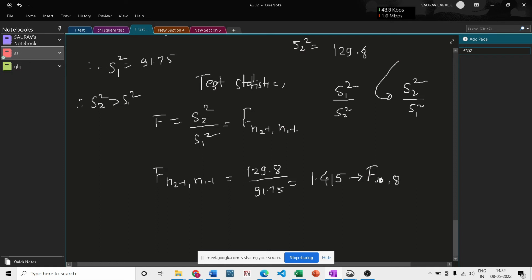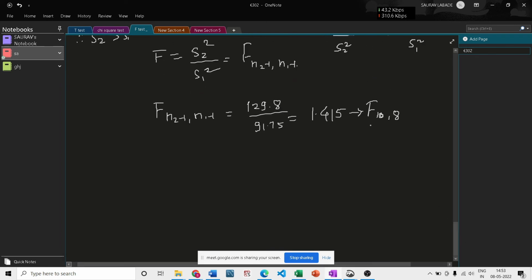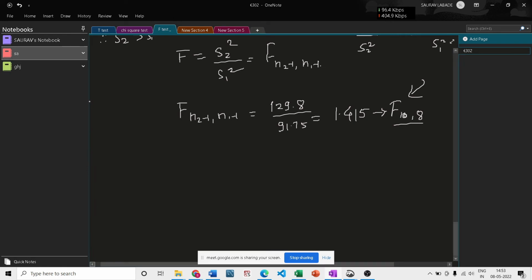Okay, now find out the critical value. How will you find it? You must understand how to find this table value. There are different tables given in the statistical tables; you have to buy that statistical table, which you will get in the market.